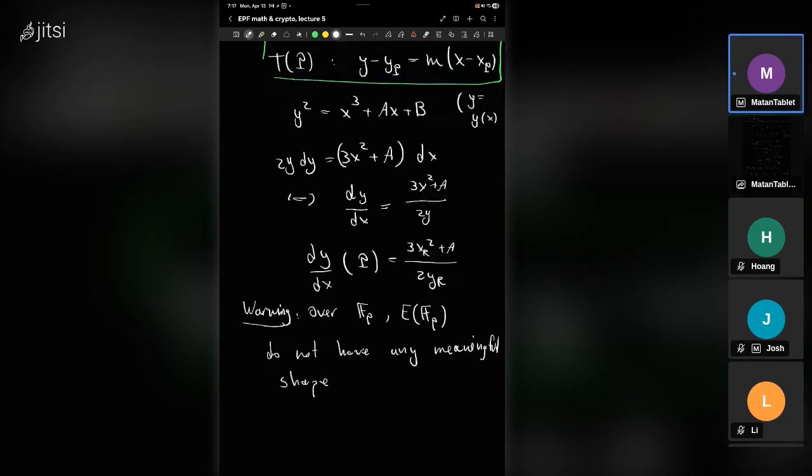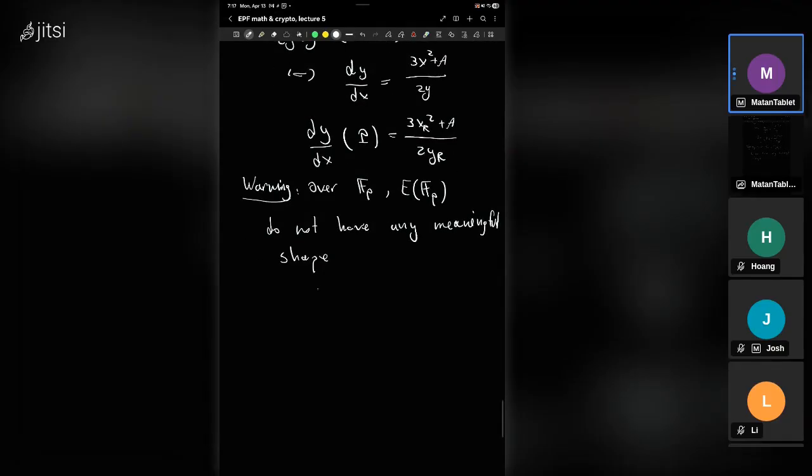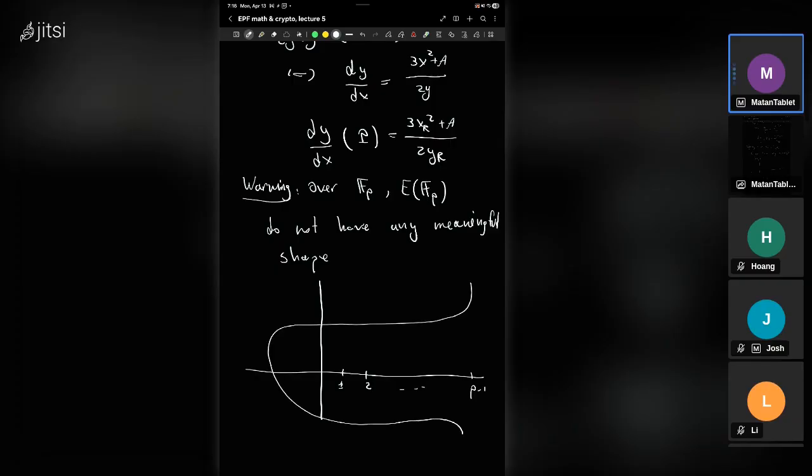One common mistake is people saying, okay, I know the shape of an elliptic curve over the real numbers is kind of this fish. So let's suppose I have a large prime, so I can order the elements of the prime field like this, and the same on the y-axis, and I will get some kind of shape similar to what I had before.